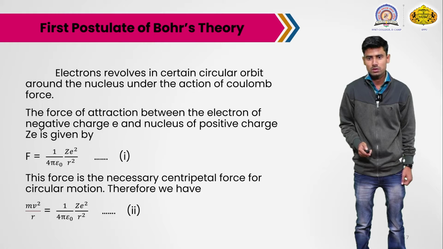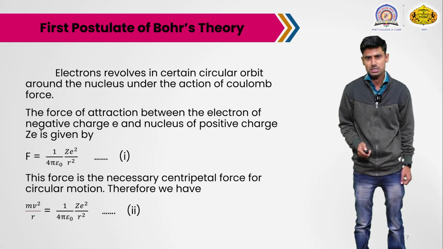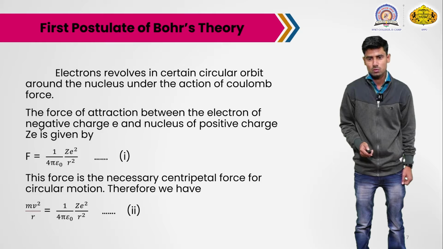Now we already know that the electron is a negatively charged particle and the nucleus has a positive charge of Ze, where Z is the atomic number of the atom. So the nucleus contains Z protons and the charge on each proton is positive.